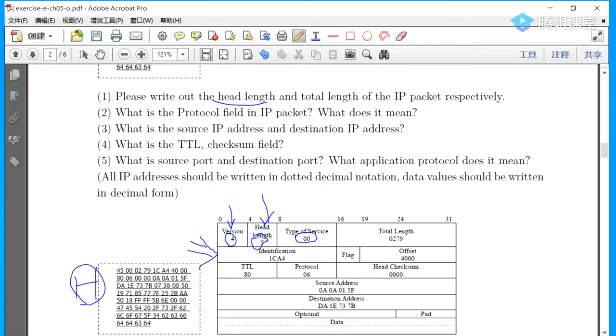So in bytes, we should multiply by 4, because the value was divided by 4 before being filled in here. So the actual header length in bytes is 20. That is 5 times 4.